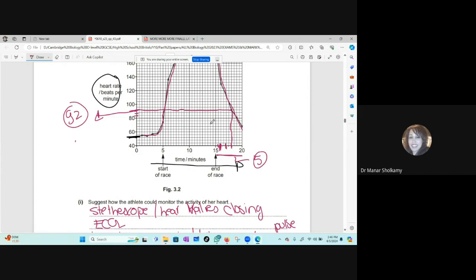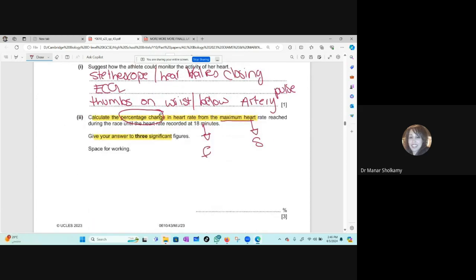Do you understand what I did? Calculate the percentage change in the heart rate from the maximum heart rate reached during the race until the heart rate recorded at 18 minutes. You all know the formula: the final value minus the starting value, over the starting value, times 100. But a lot of you don't know how to extract the final value and the starting value. You get confused.